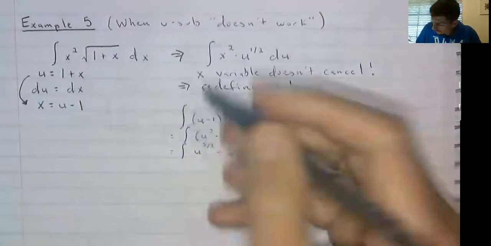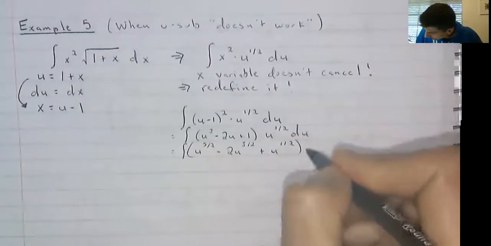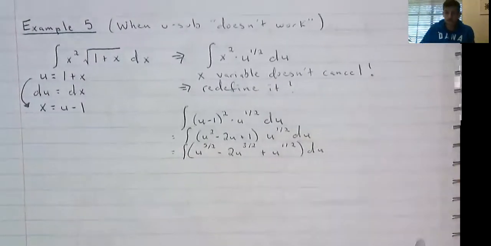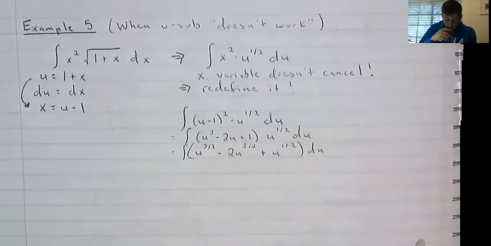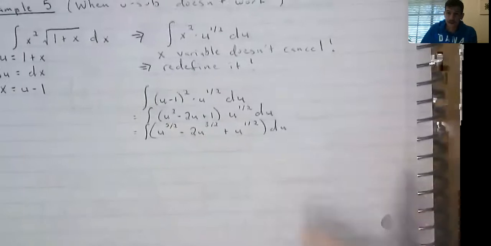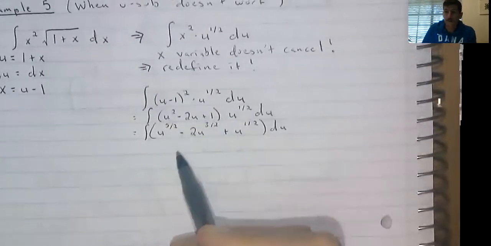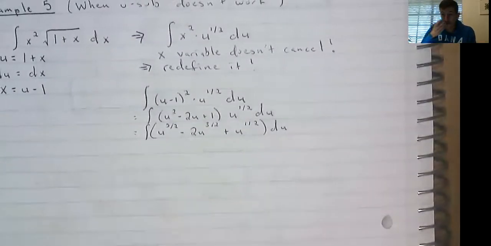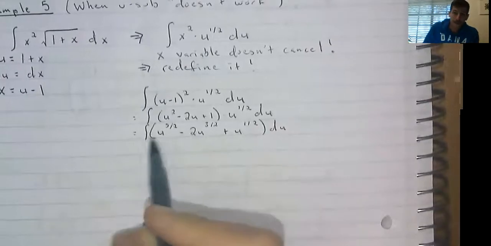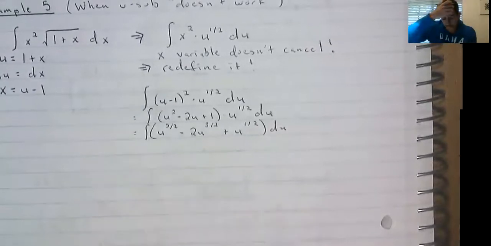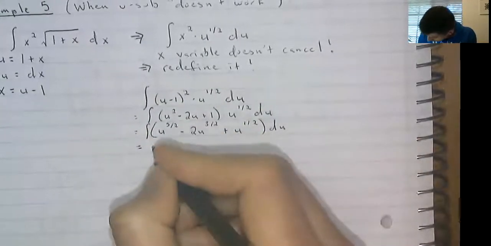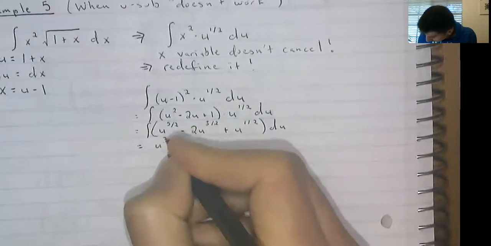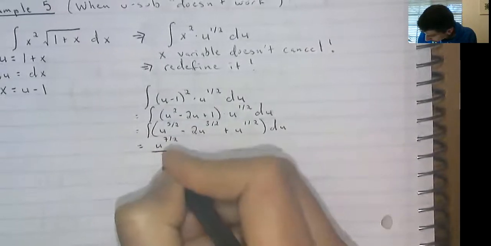Let's integrate this. So yeah, a little bit nastier now, but this is just a sum and difference of power expressions, and we can apply the technique from 4.1 to come up with this and then sub back in for u. So the antiderivative of u to the 5/2 is u to the 7/2 over 7/2.